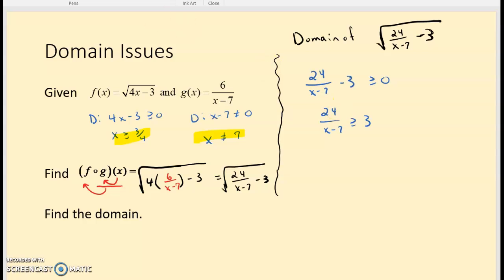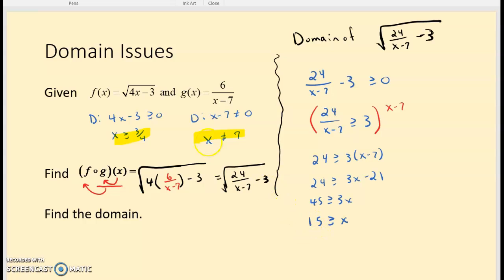And now that we have a rational expression, we can multiply by x minus 7 to get rid of the denominator. So we'll have 24 greater than or equal to 3 times x minus 7. If we clean that up and solve it, eventually we get down to x is less than or equal to 15. So that is the restriction from f of g that we came up with.